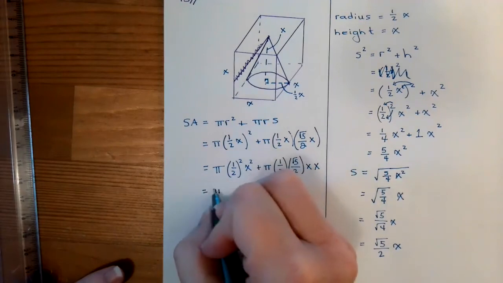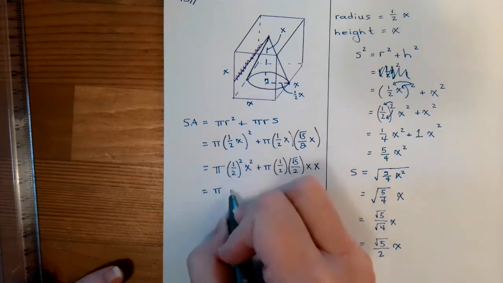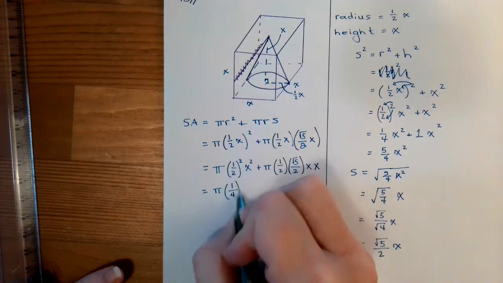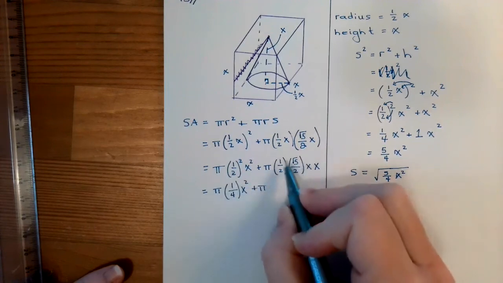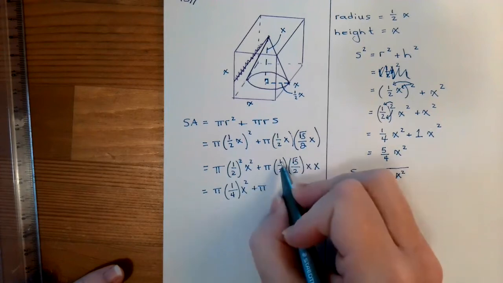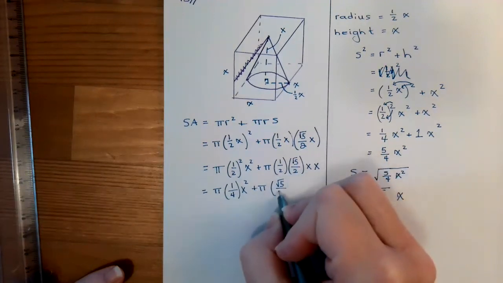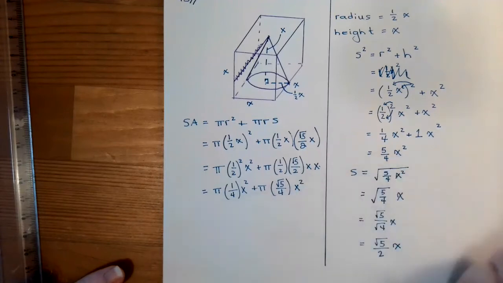So I have pi. So 1/2 squared: the 1 squared is 1, and 2 squared is 4. And now over here, I can multiply my numbers together. So I get 1 times √5 is √5, and 2 times 2 is 4, and x times x is x squared.